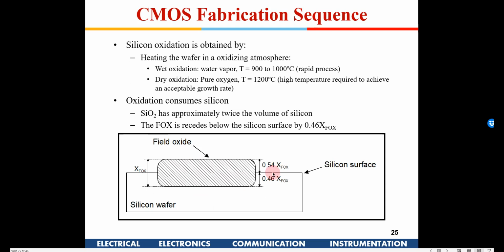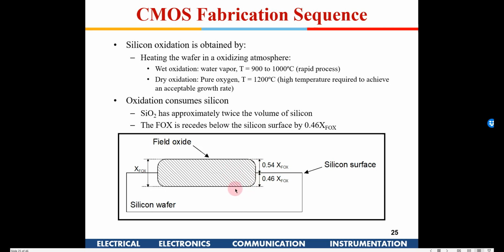Once you do the oxidation, the silicon is exposed, and when you do oxidation, not only does silicon dioxide deposit on top, it also goes to the bottom. More and more silicon towards the bottom keeps reacting with oxygen.